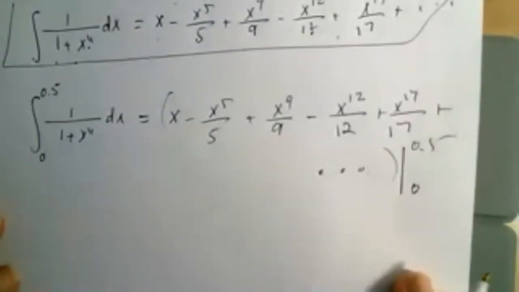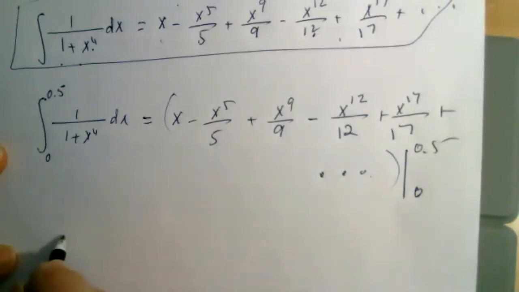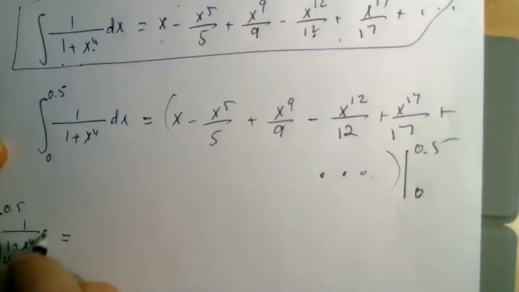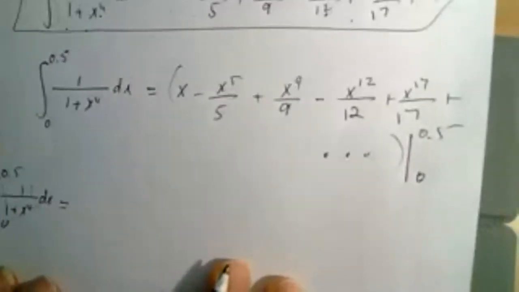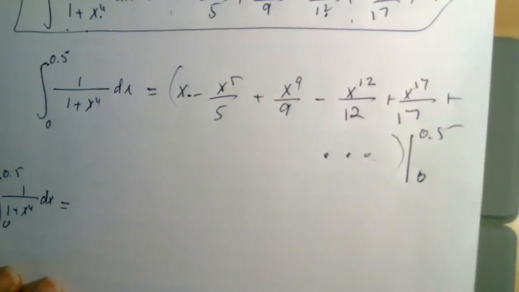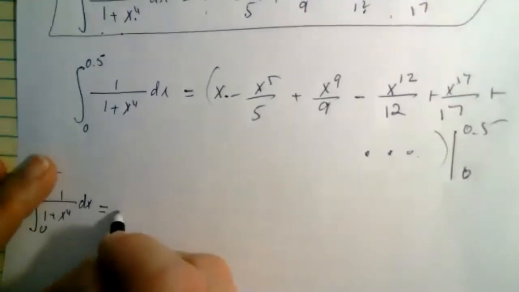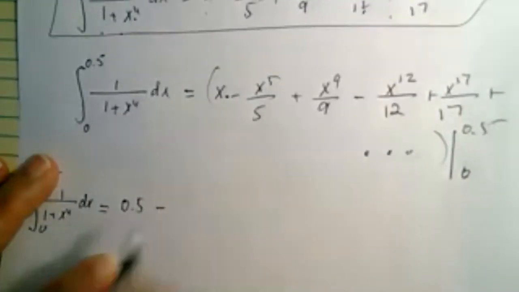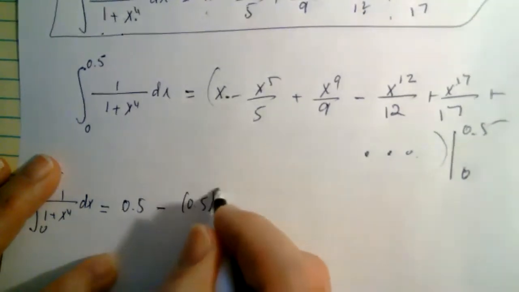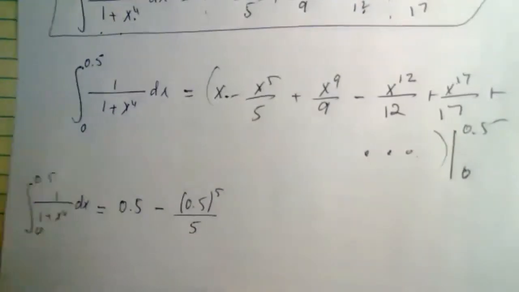And now let us estimate the value. So I'm estimating this definite integral. It's going to be equal to the value at the upper limit minus the value at the lower limit. The lower limit is 0 to make things easy for us. The upper limit is going to be 0.5 minus 0.5^5 over 5. So that's my estimate.